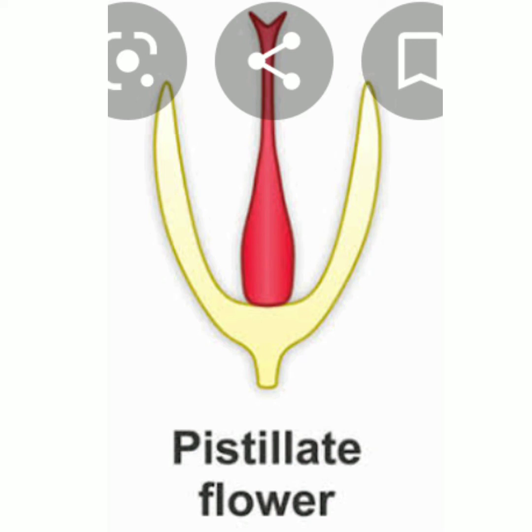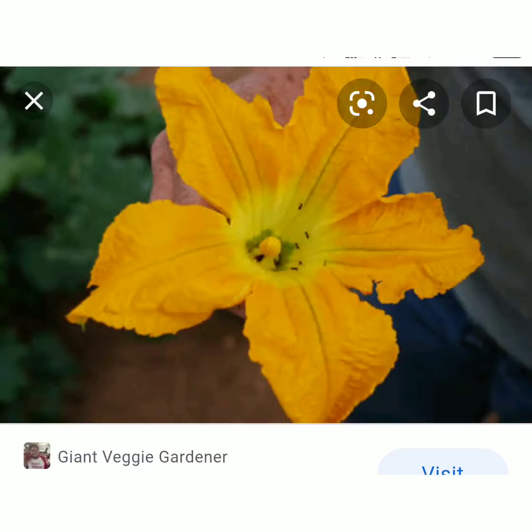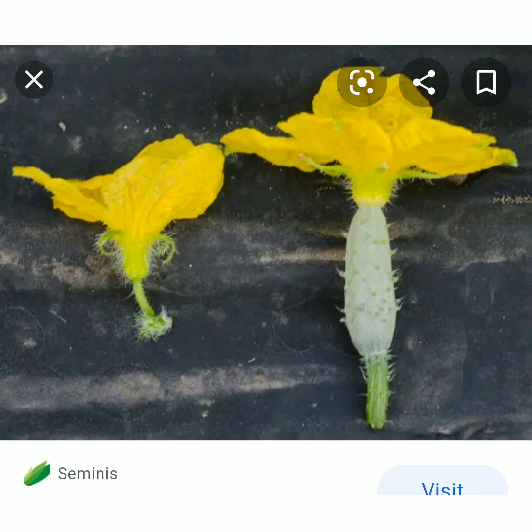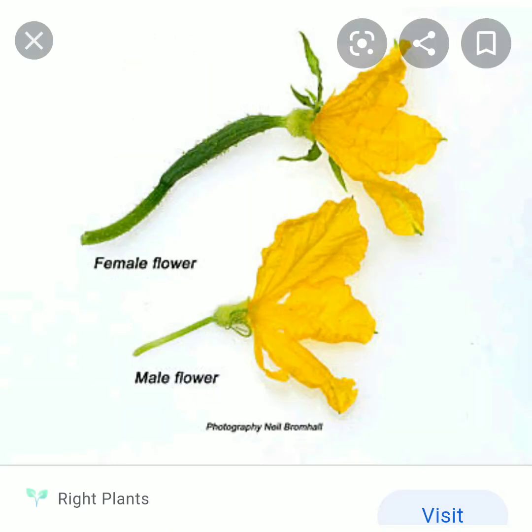These types of flowers possess either androecium or gynoecium only, right? So the male reproductive part and female reproductive part are present in separate flowers, that is, male flowers and female flowers. These types of flowers are called unisexual flowers.